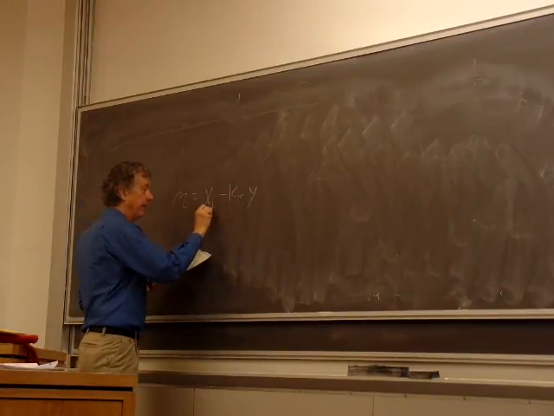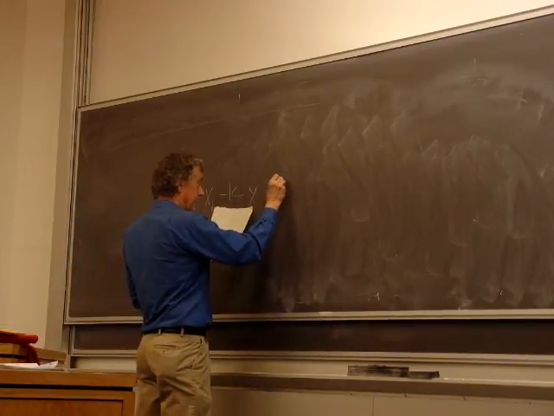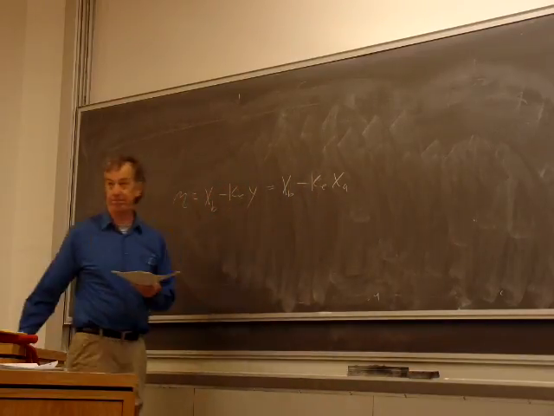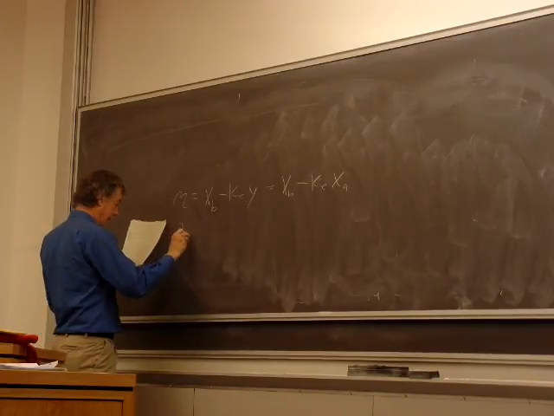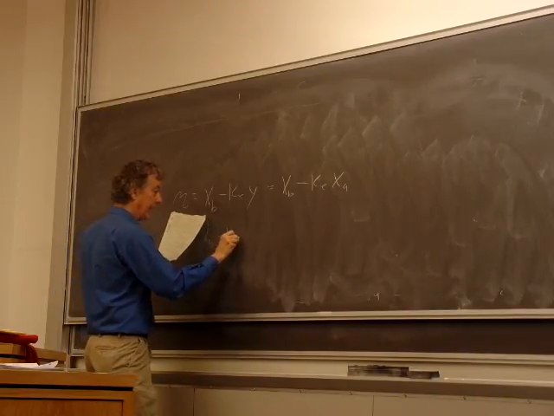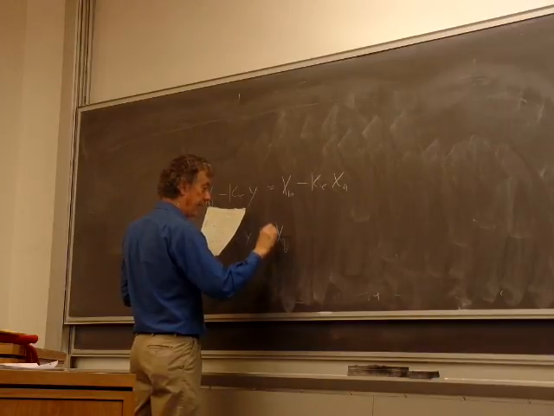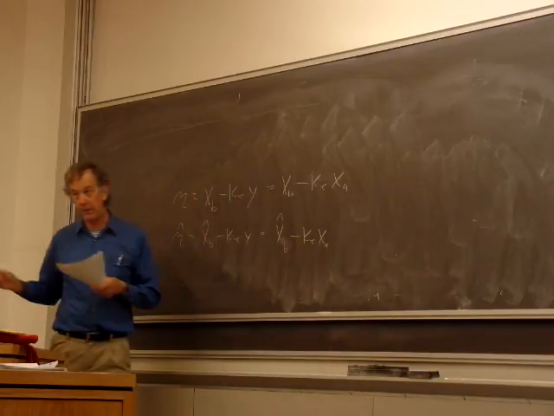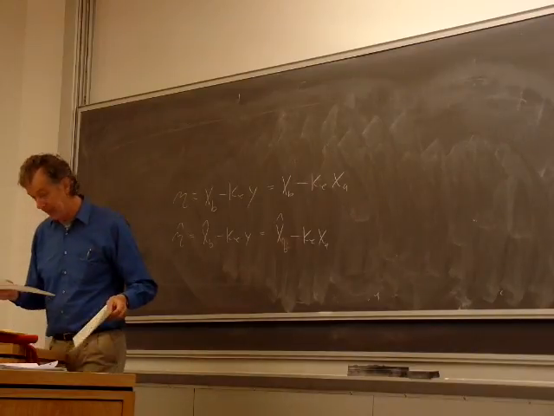X will be xb, which is xb minus Ke xa. And then the estimate of that, xb hat minus Ke y, is equal to xb estimate minus Ke xa. Xa is not an estimate, that's measured. Right? So there's two new variables.